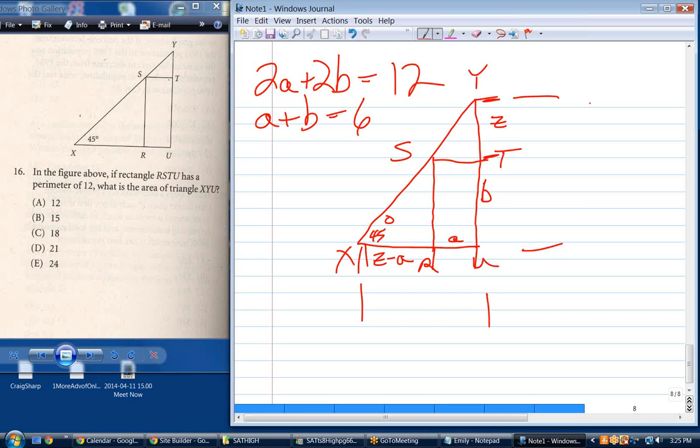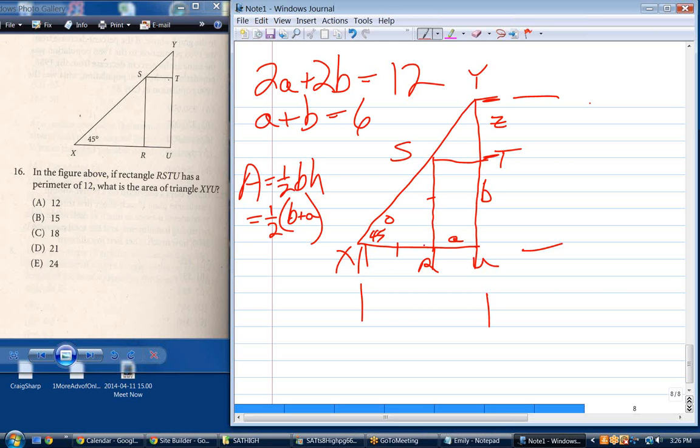In other words, the height, if I'm looking for the area of the triangle, it's 1/2 the base times the height. This base is B plus A. This is a right triangle, so that's equal to that.